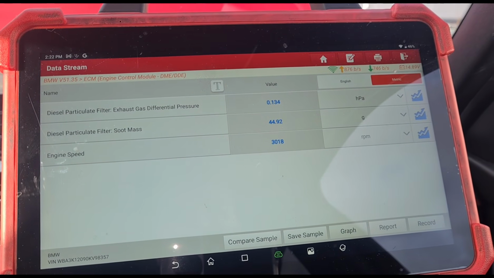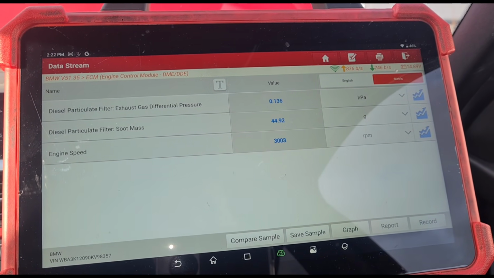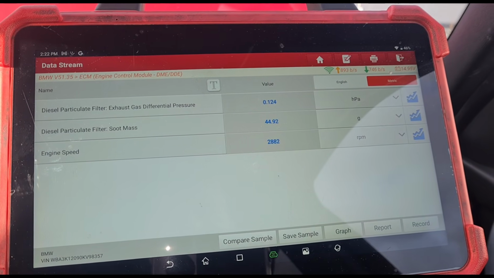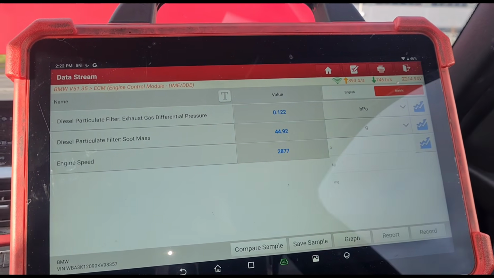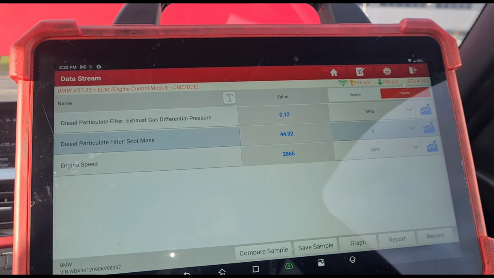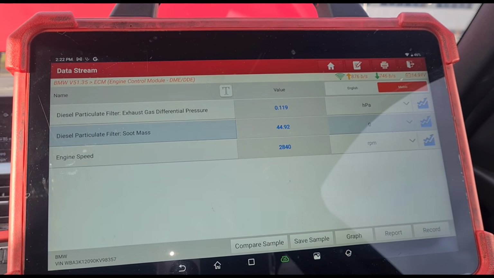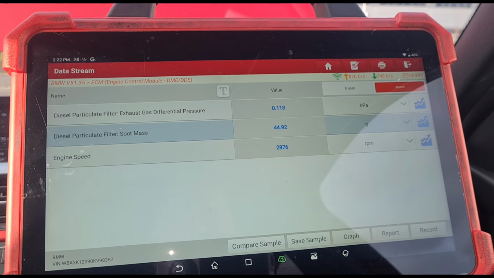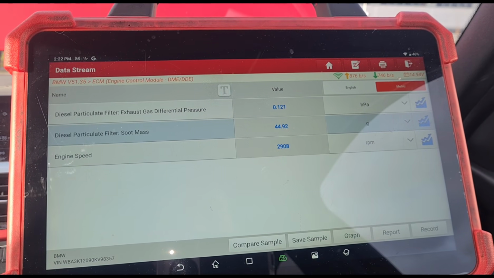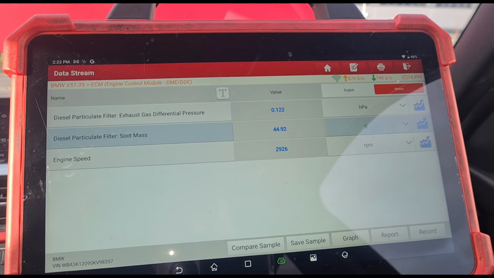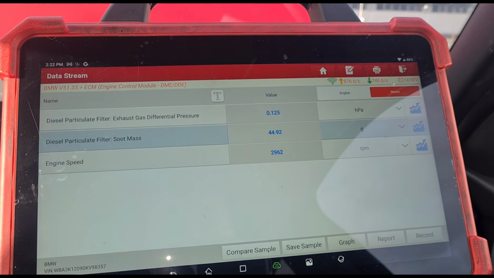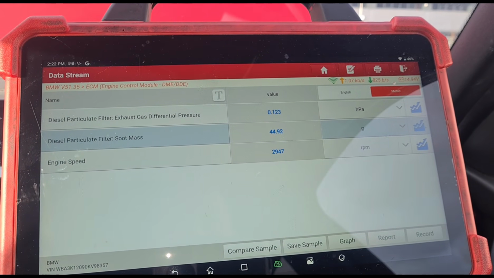I'd like to see that pressure come down around about 60 hPa there, and these grams of soot we'd like to see come down to below 6. It's taken a little bit of time. It usually comes down a lot quicker than this if it's going to come down, but some cars are a little bit different.